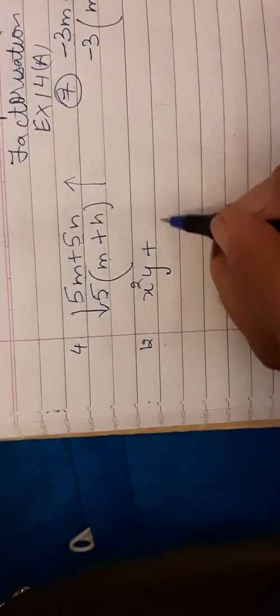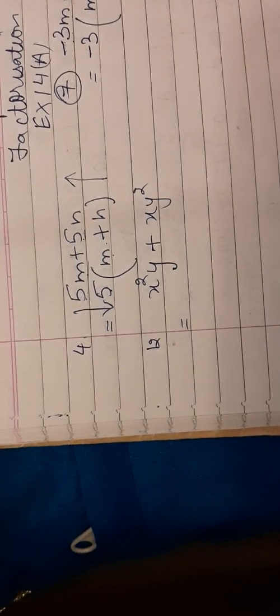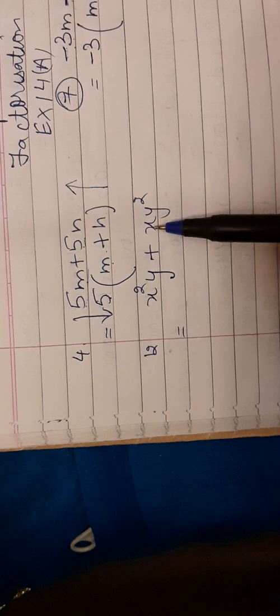Now I am taking up the 12th question of your exercise. 12th question is having the expression as x square y plus xy square, and you are asked to factorize it. When you go to the next step, you should put the sign of equality. Now among these two terms, which is a binomial, you find that the highest common factor for x is only x.